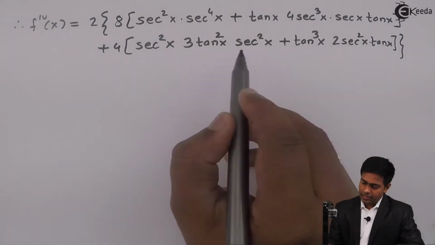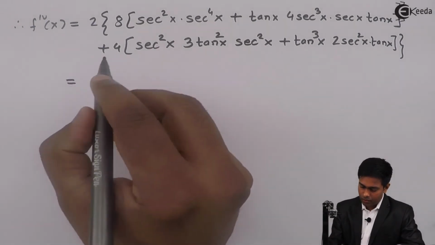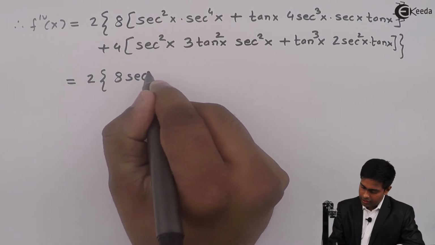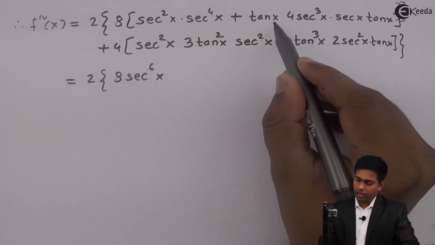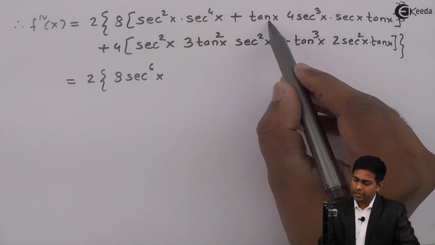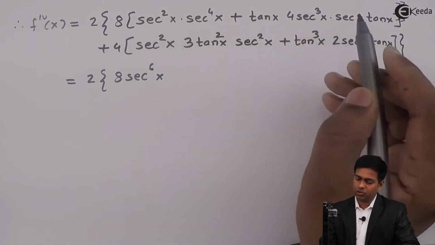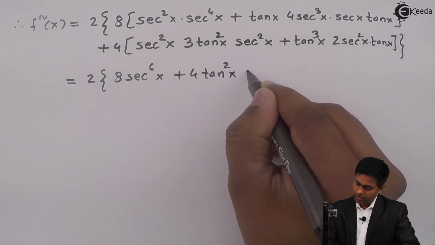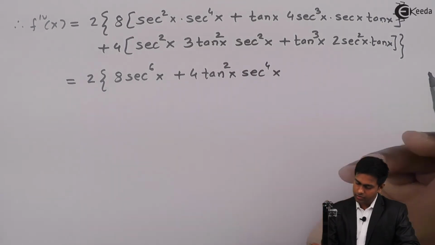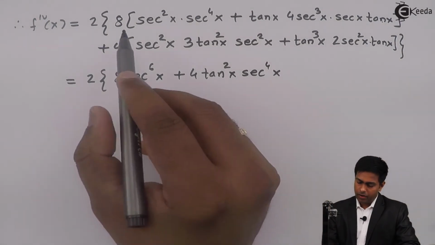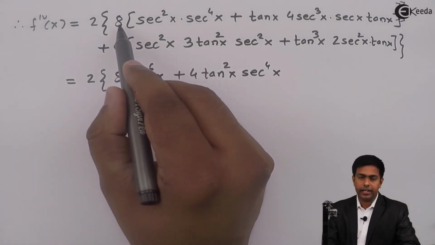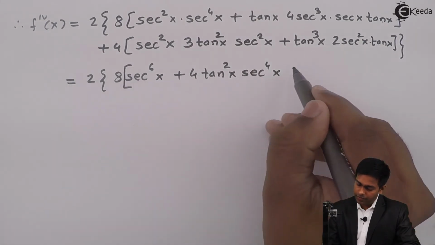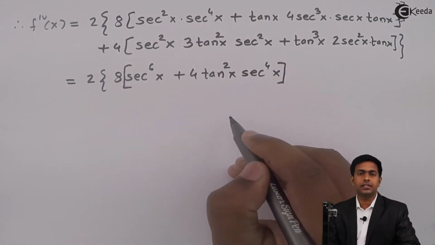So by minimizing this, here we'll get 2 as it is, 8 times sec raised to 6x, and 4 times tan square x sec raised to 4x. Now we can take this 8 inside, so 8 into 4 can become 32, or we'll keep this 8 outside and keep this bracket as it is.